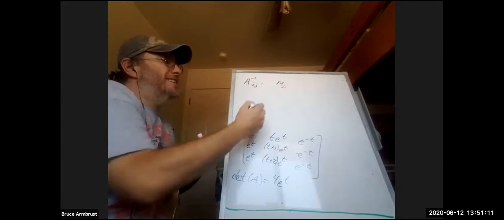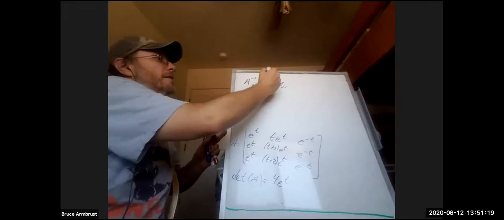So what we do is we actually look for the ji minor. I don't know what kind of notation you guys used, but I think of the determinant of the minor.